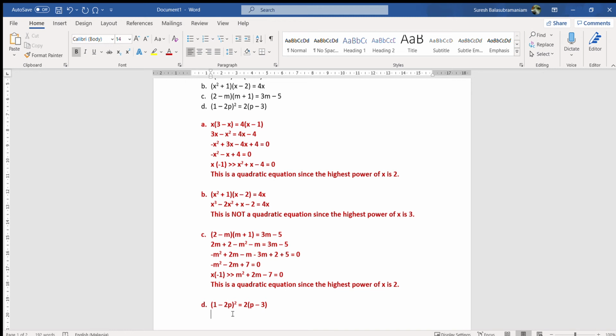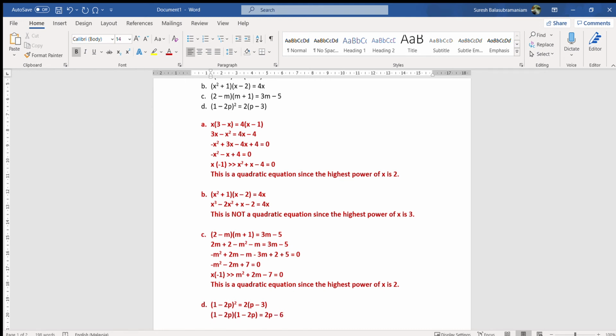So I'll expand this. This will become (1 minus 2p), open bracket again, (1 minus 2p) equals to, multiply the 2 in, so you get 2p minus 6.